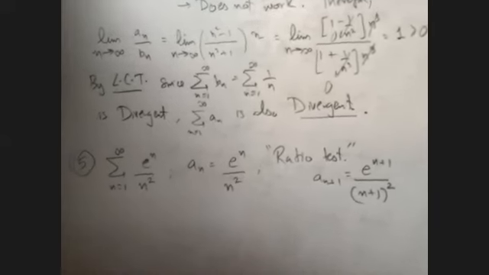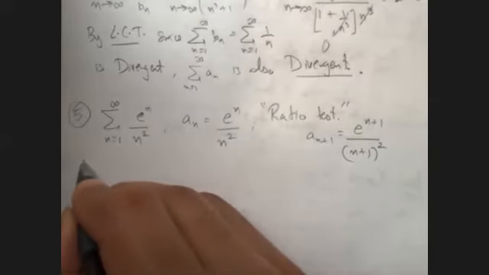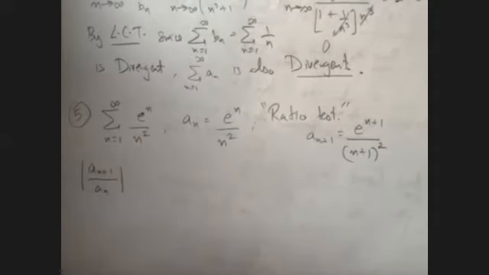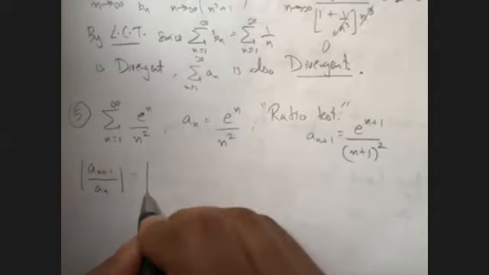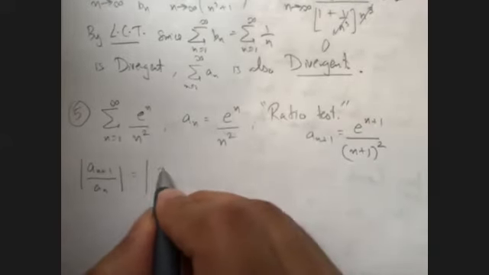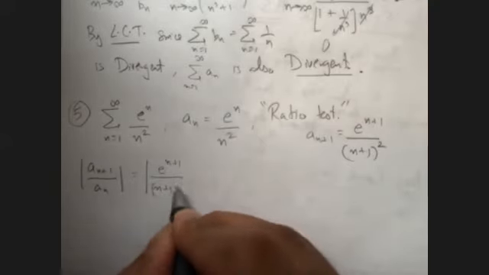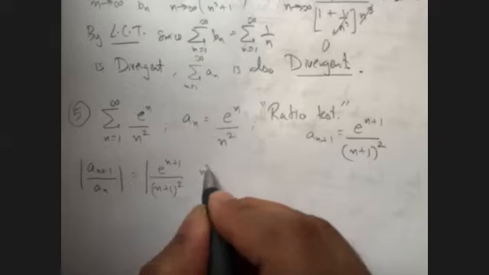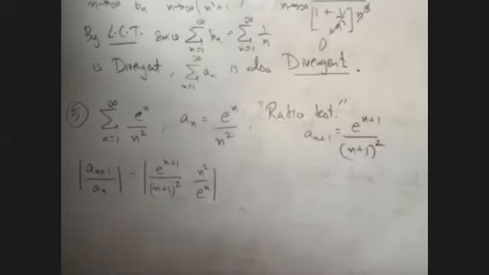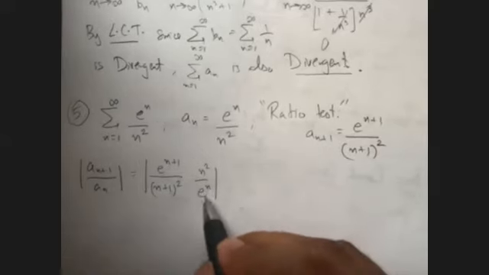Next we compute the quantity, which is the ratio of the absolute value of an plus 1 over an, which is... there's some cancellation here.